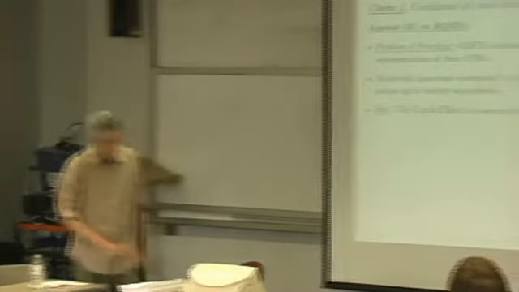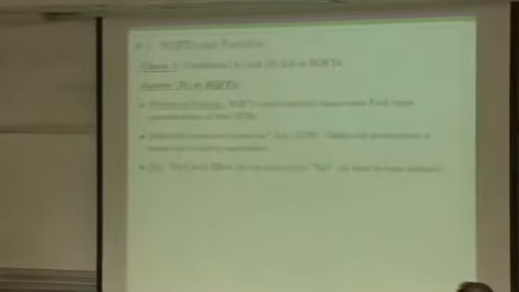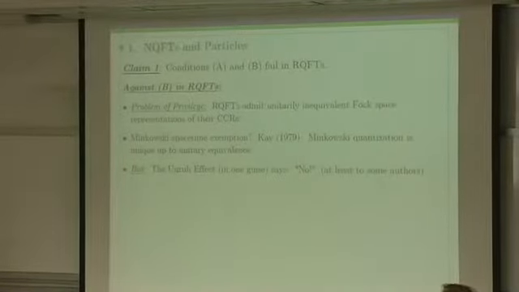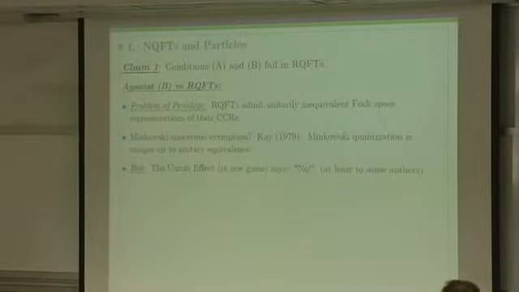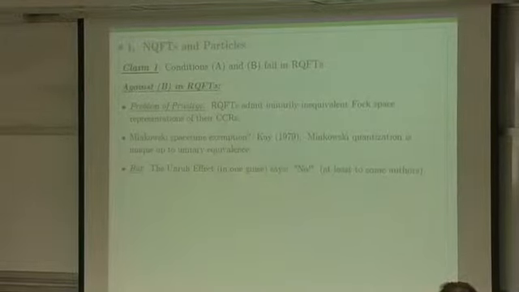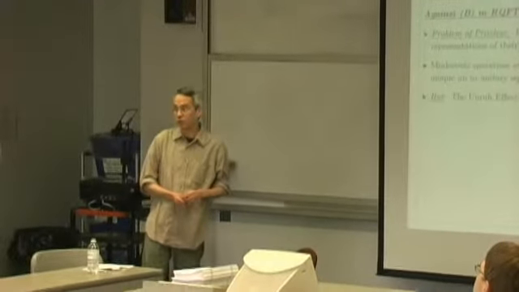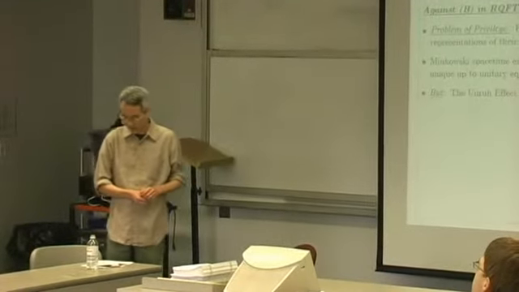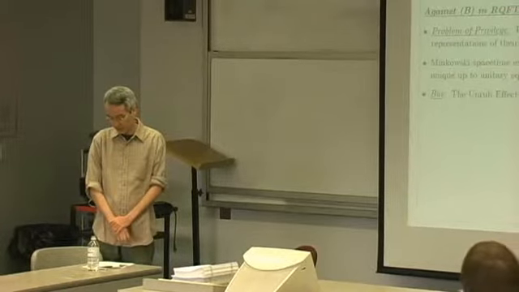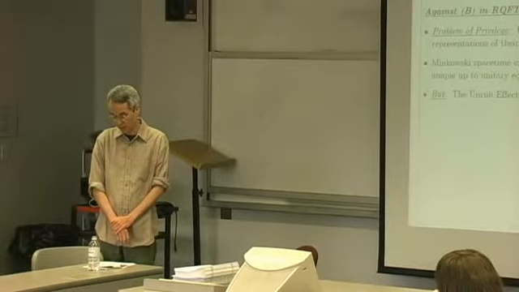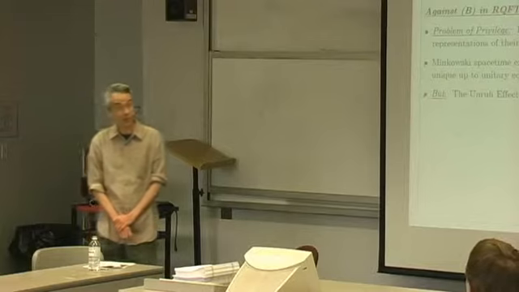But the Unruh effect, in one guise, suggests, at least to some authors, that relativistic quantum field theories in Minkowski spacetime do not avoid the problem of privilege. When the time-like isometry subgroup of the Poincare group is restricted to a portion of Minkowski spacetime called the right Rindler wedge, it admits two distinct time-like Killing vector fields, one associated with inertial frames and the other with accelerated frames.